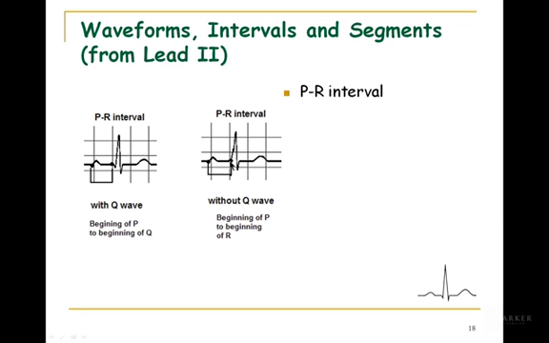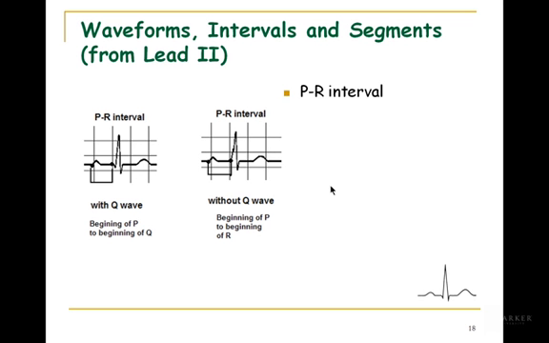again right before it leaves baseline. What that tells you is the amount of time it takes for that electrical impulse that originated from the SA node to make its way to the ventricles. That's the significance of the PR interval.